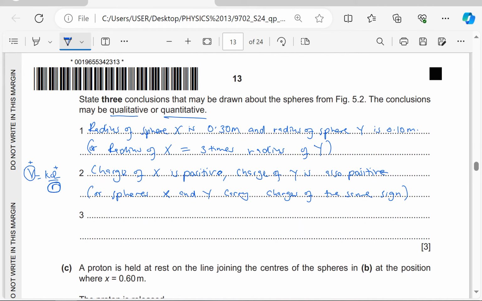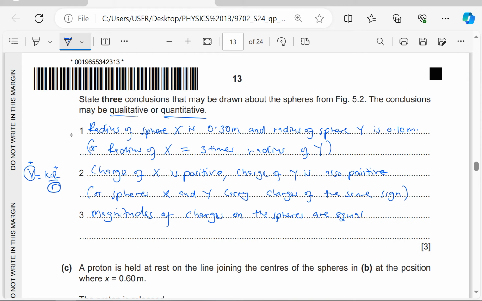So I'll simply say the magnitudes of charges on the spheres are equal.